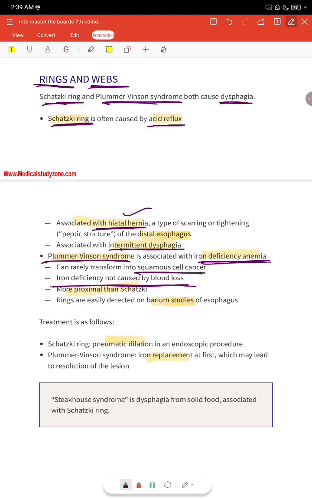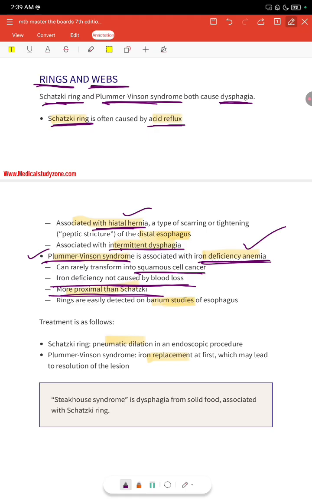All of the other things will be completely normal, yet the patient will be having iron deficiency anemia. So it indicates that it might be from the Plummer-Vinson syndrome. It is also more proximal than the Schatzki ring.